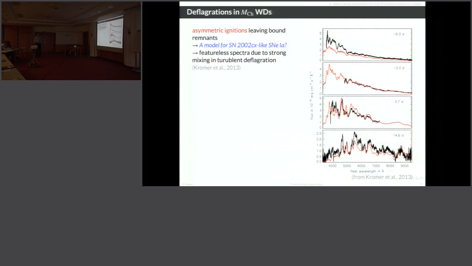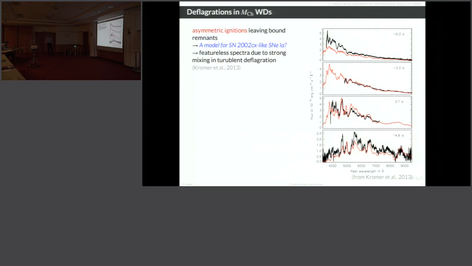And the reason for this featureless spectrum is that the rather mixed chemical ejecta structure, due to these large-scale plumes and instabilities we have in a turbulent deflagration, translates into a spectrum that doesn't show very clear spectral features.